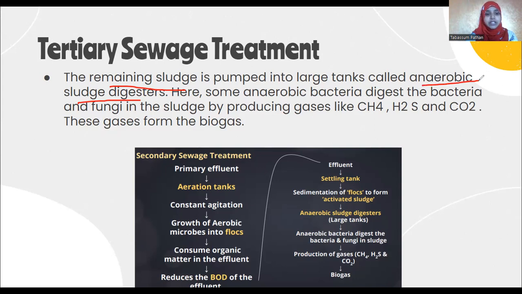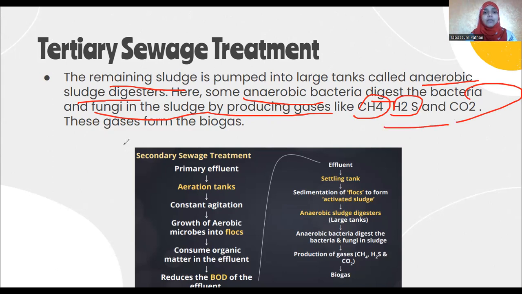Here some of these anaerobic bacteria will digest the bacteria and fungi in the sludge by producing gases like methane, hydrogen sulfide, and carbon dioxide. And these gases together form the biogas.